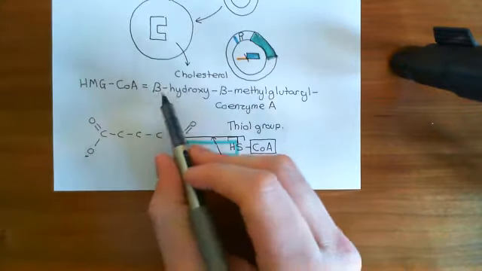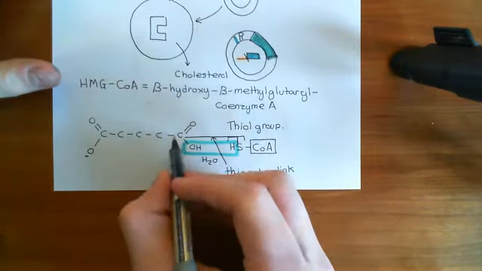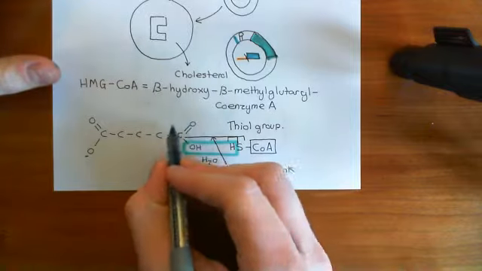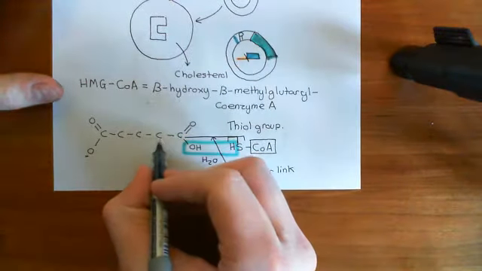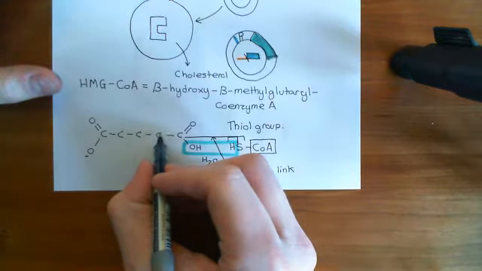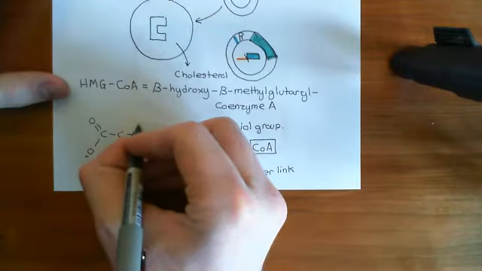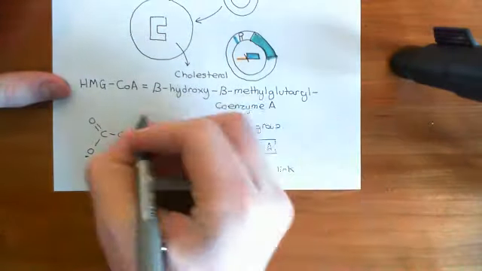We then need to get some sort of handling of beta-hydroxy, beta-methyl. So basically, the first carbon off the carboxylic acid group of the glutaryl molecule is called the alpha carbon. So this will be called the alpha carbon. The second one will then be called the beta carbon. Okay, so off this beta carbon, we're going to have a hydroxy group, and we're also going to have a methyl group.